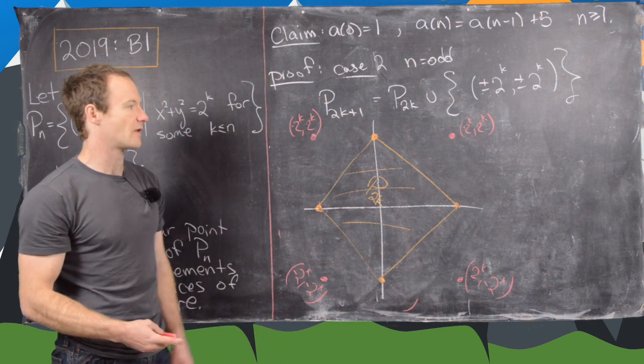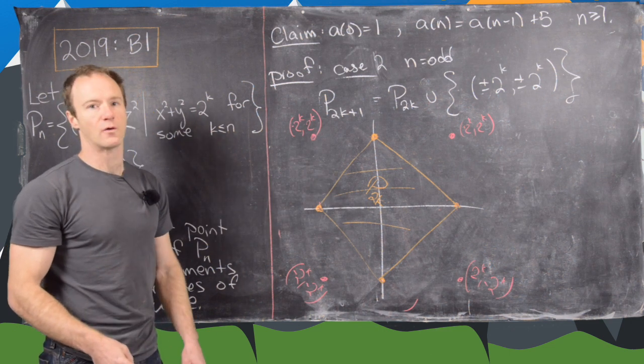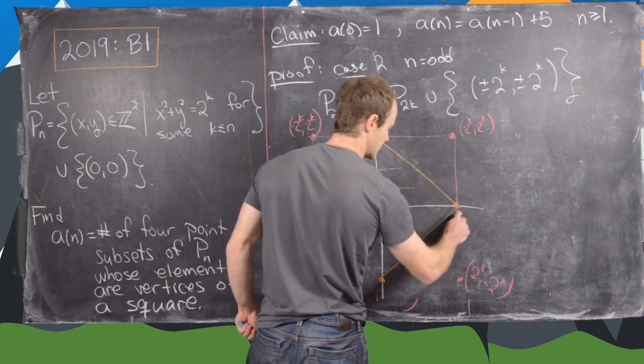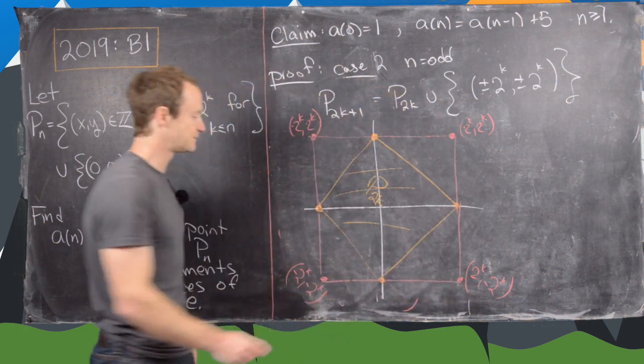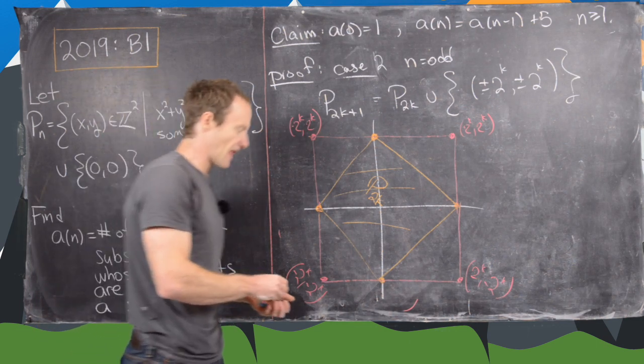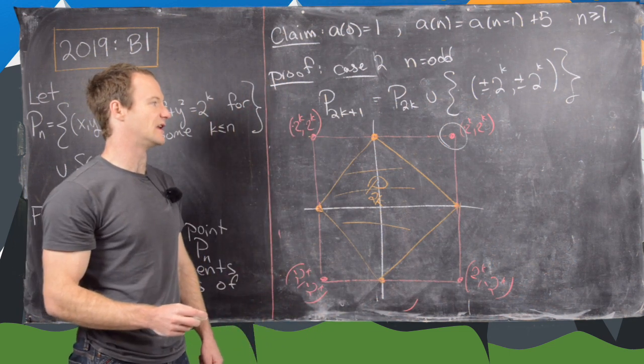So now we want to count the new squares once we have the addition of these 4 vertices. So we obviously have the large square that envelops everything. That's an obvious choice.